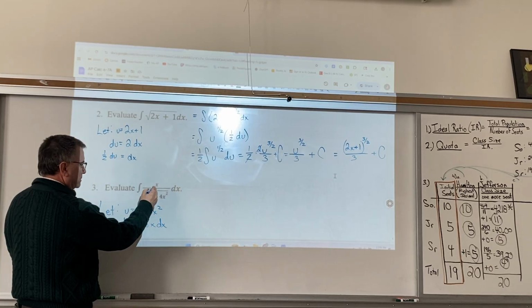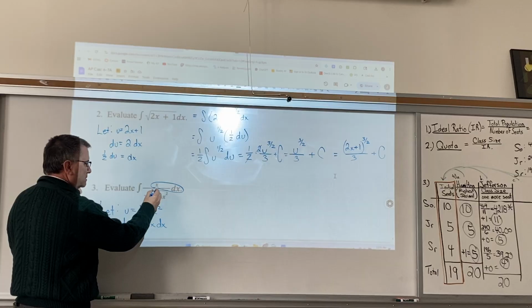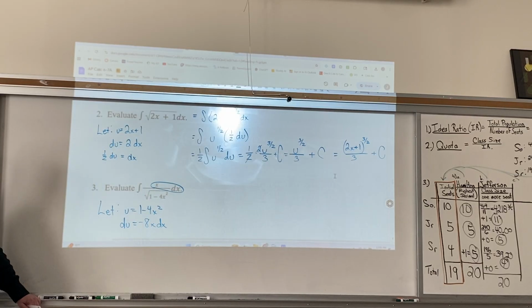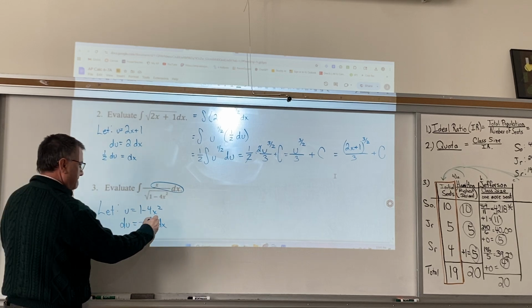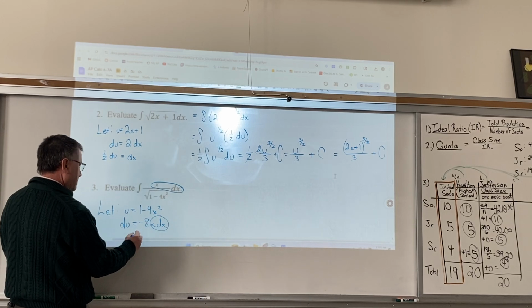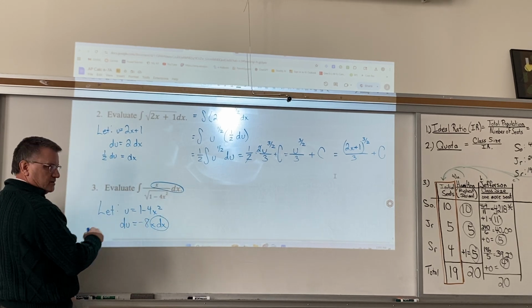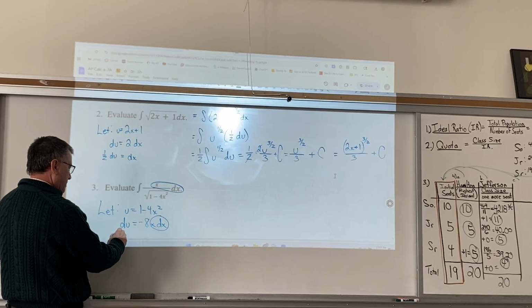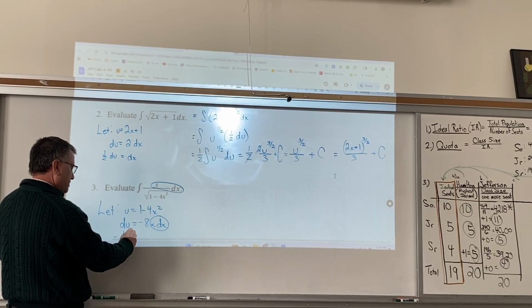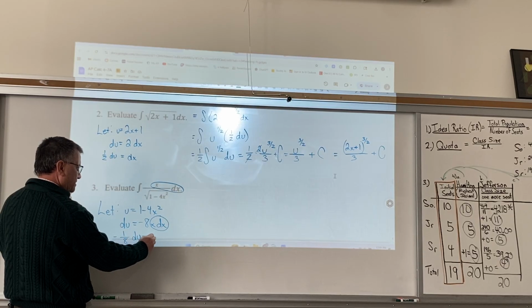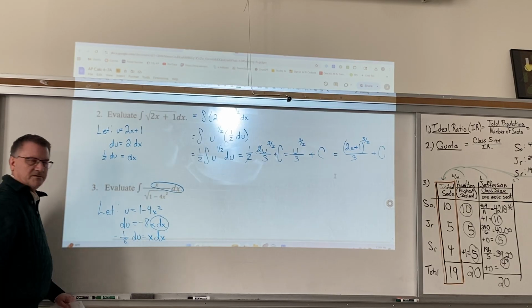Hey, look what I see. I see x dx. I see that if this were just moved to the other side. So, divide by negative 8, du over negative 8 will equal x dx. Well, that'll allow for an easy substitution.